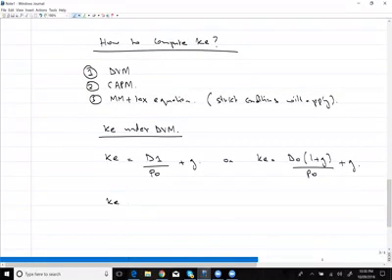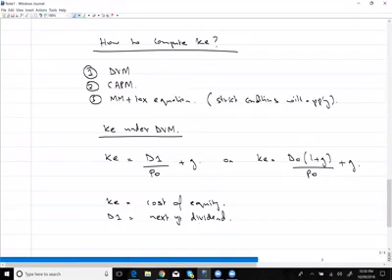So KE is the cost of equity. D1 is next year dividend. P0 is the current share price, that will be XD, excluding dividend.